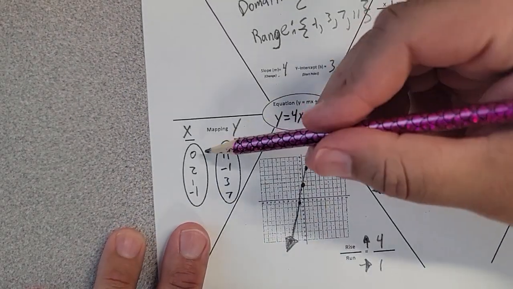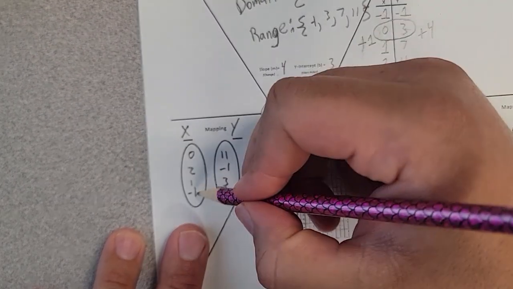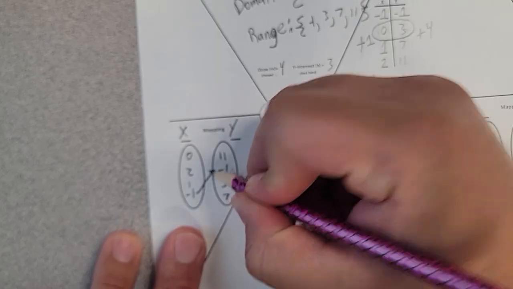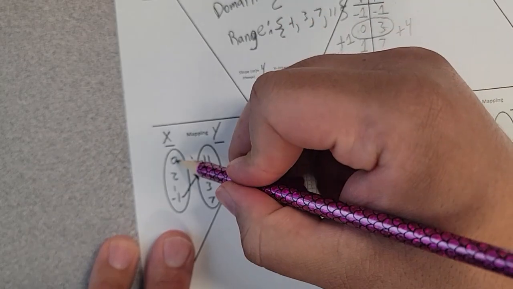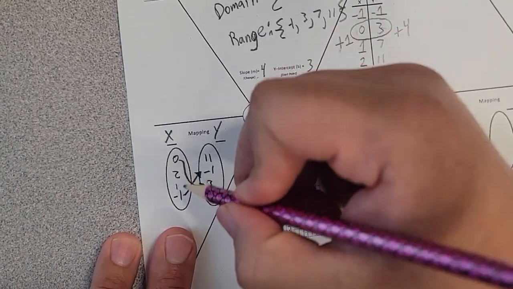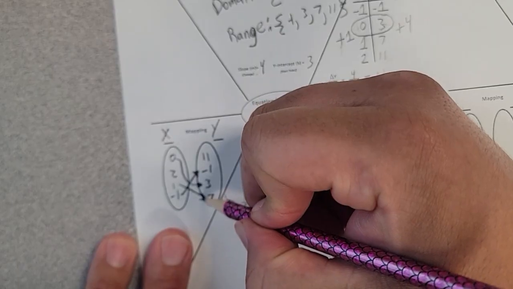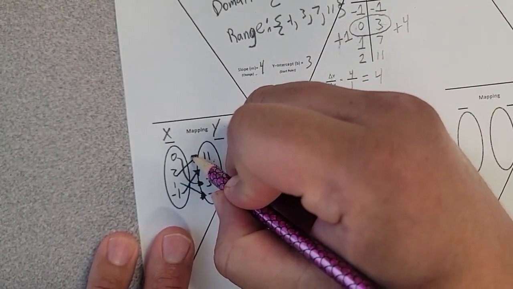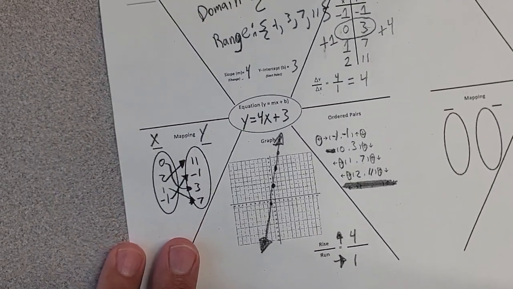Okay, so I draw an arrow going from this bubble to this bubble. So -1 to -1. Point your arrow. 0 goes to 3. 1 goes to 7, and then 2 goes to 11.